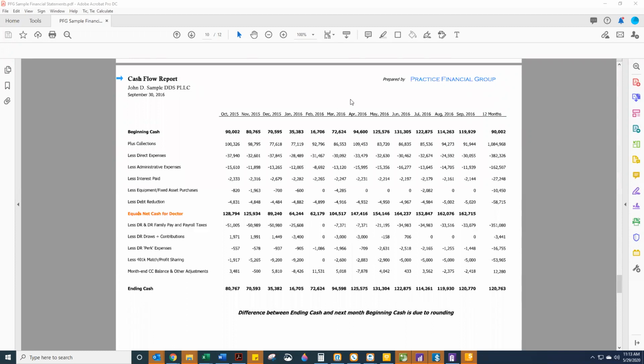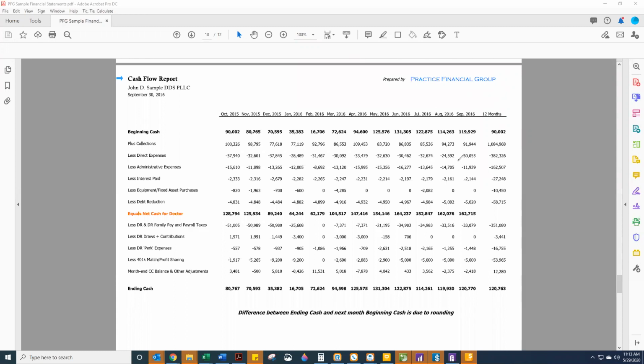This report should be able to tell us if there's any anomaly that happened in that month that we didn't normally do. So for instance, let's say one of your priorities was to pay off your practice note.